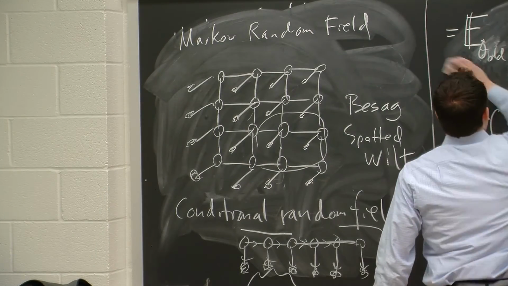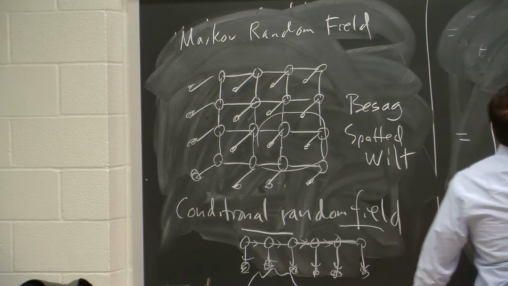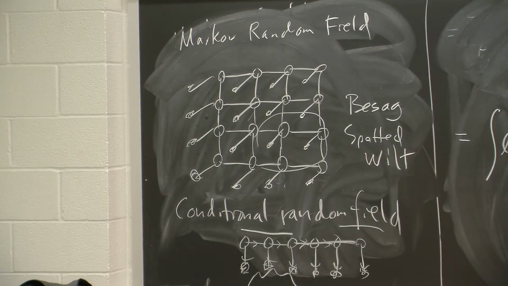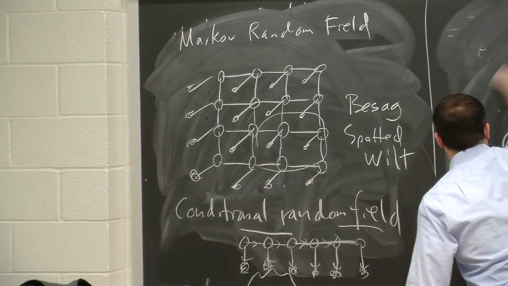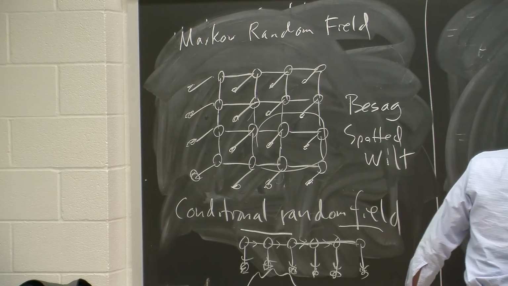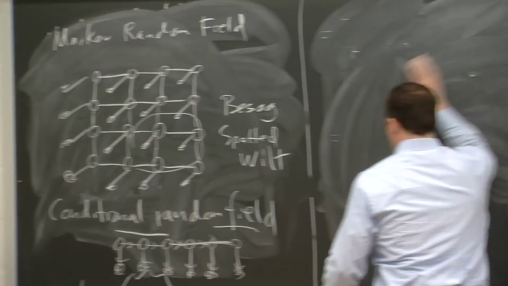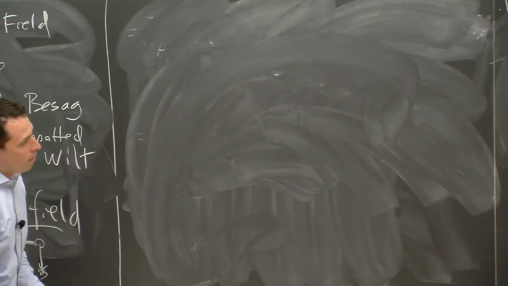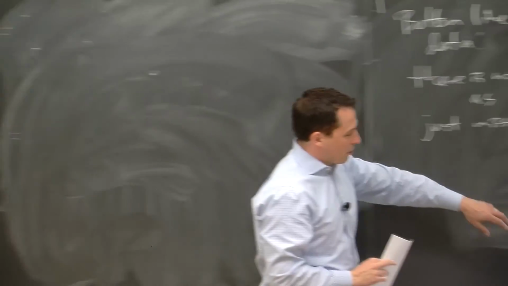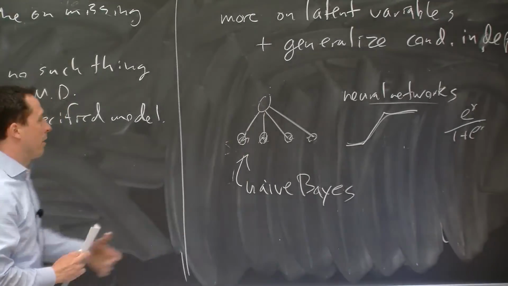I mentioned these neural networks. One of the most popular now are these deep learning models, and you know enough that I can tell you the basic idea of a deep learning model. So you start with this logistic regression or naive Bayes thing.